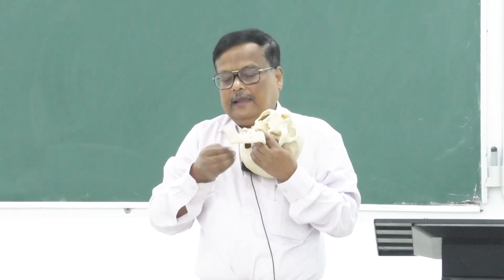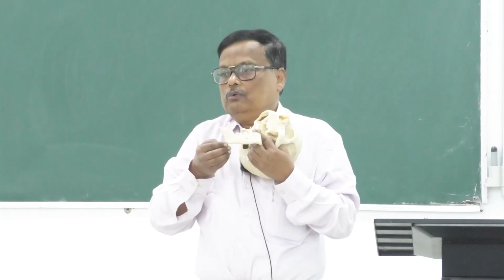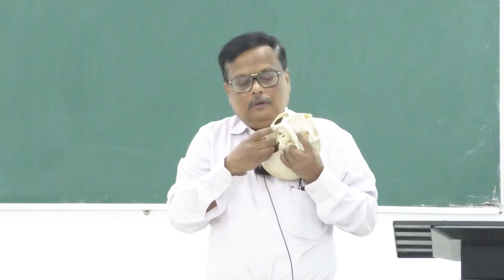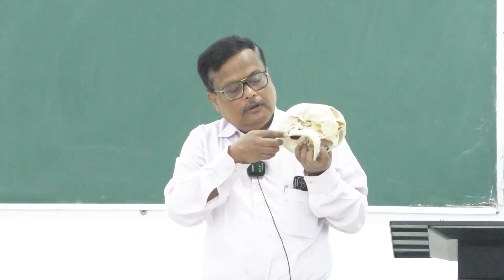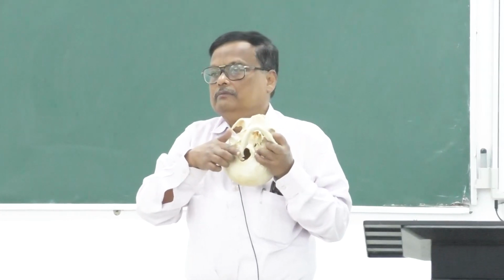And at the angle between the body and the ramus, we call it the angle of the mandible. So, from the angle of the mandible to the mastoid process, we draw a line.